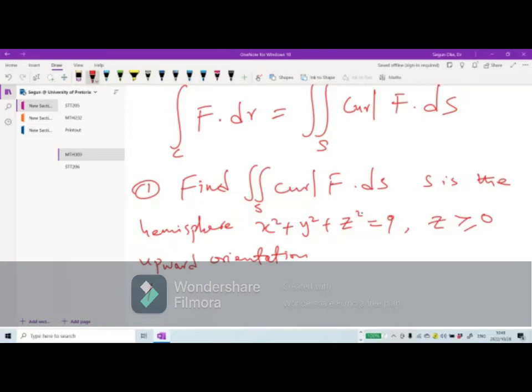So our F in this case, F(x, y, z), is the same thing as 2y cos z i plus e^x sin z j plus x e^y k.